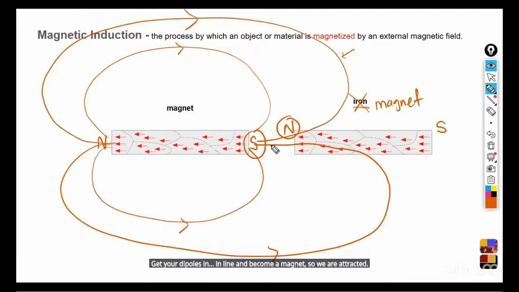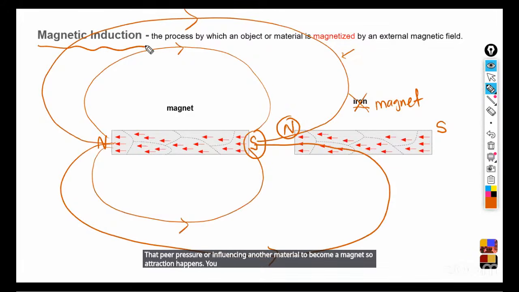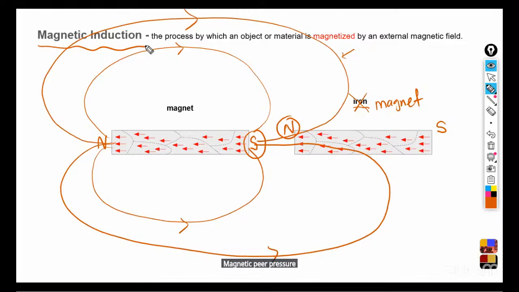That peer pressure, or influencing another material to become a magnet so attraction happens, you call that concept magnetic induction, or I like to call it magnetic peer pressure, right? But that's just my word for it.